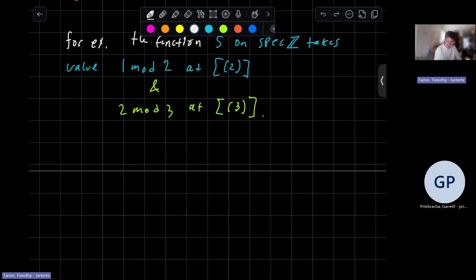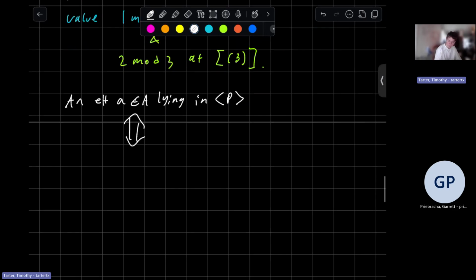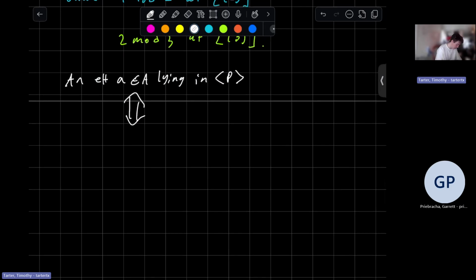An element a of the ring lying in a prime ideal P translates to a function a that is zero at the point P. So an element a in A lying in the prime ideal P translates directly to a function a, which is 0 at P in spec A.